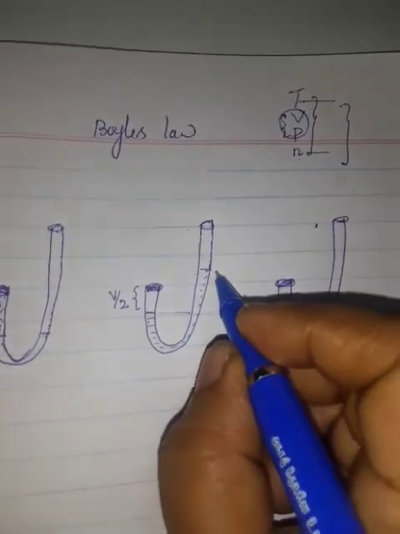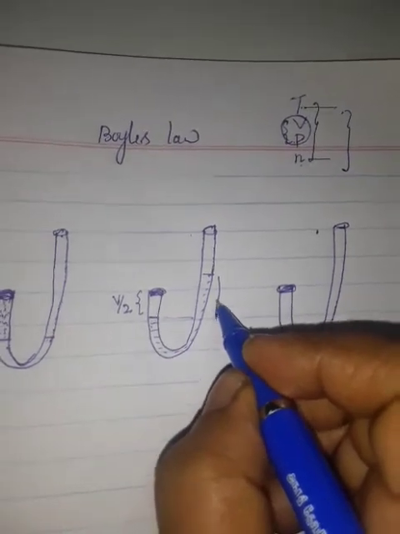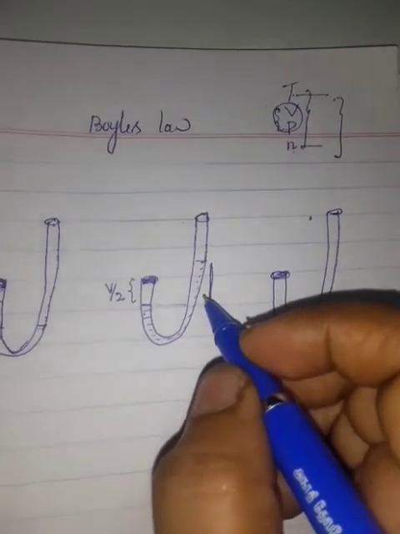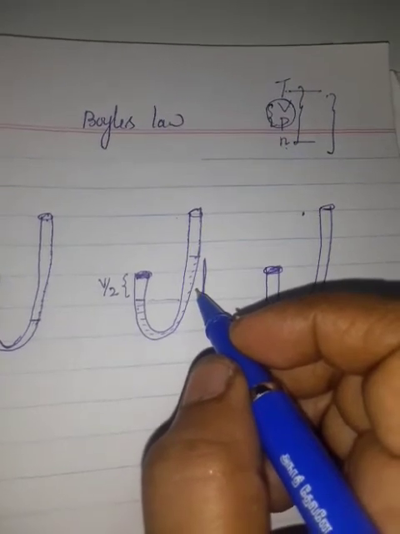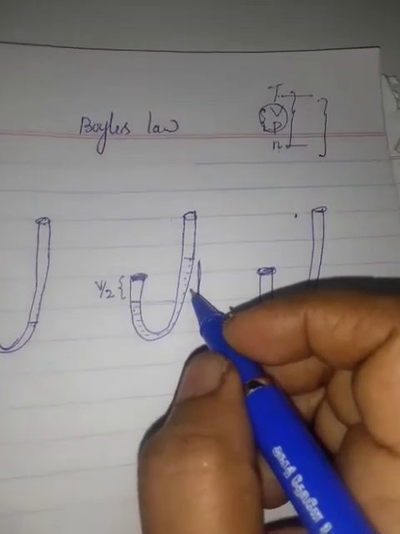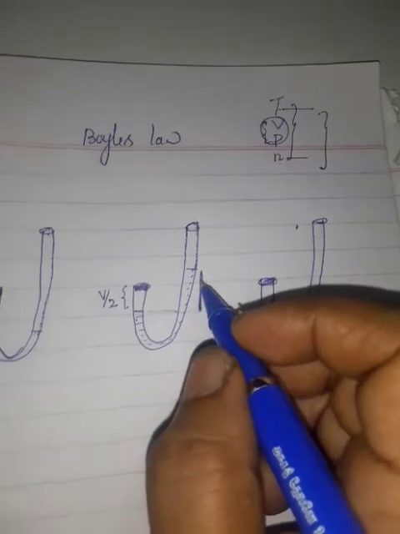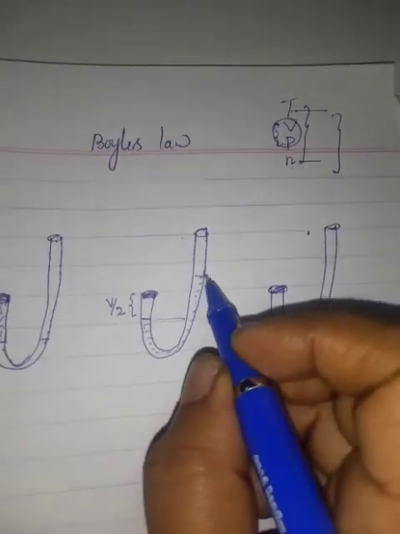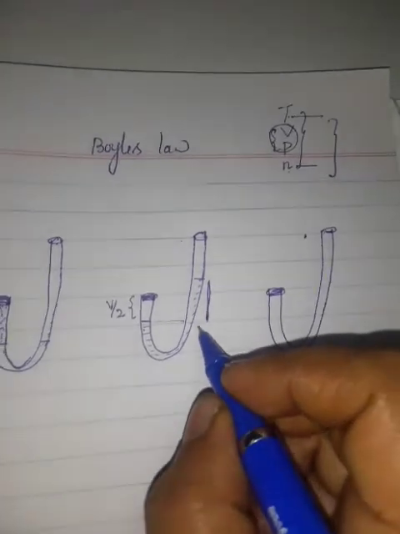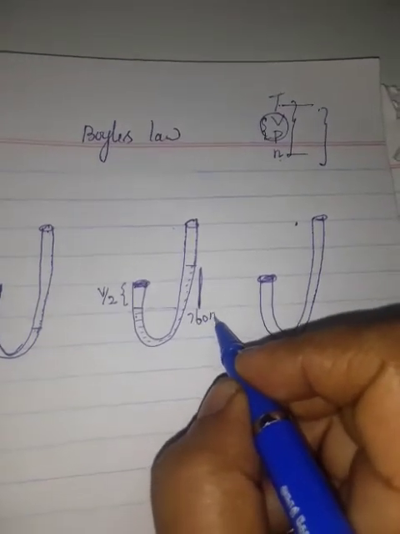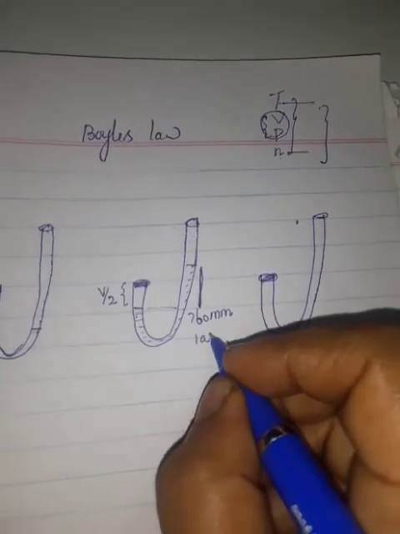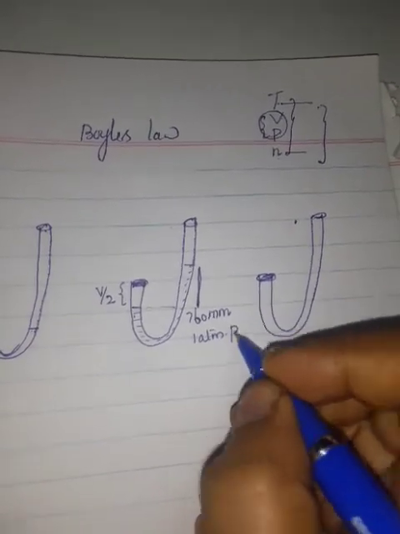Similarly, this level represents pressure. Volume is reduced to half, and the pressure is set as 760 millimeter of mercury, that is equal to 1 atmospheric pressure.